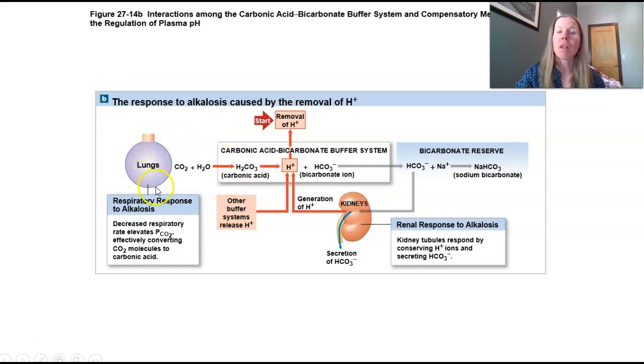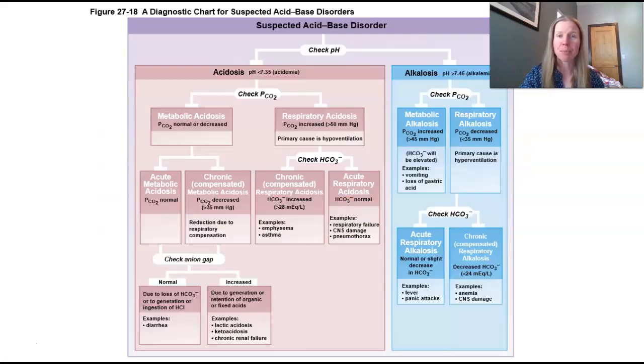We can see that with the lungs, you might decrease the respiratory rate to push our equation here into making more hydrogen. That would fix our problem. And then here we see the kidney making hydrogen and sending it to the blood while secreting bicarbonate. So these three things, buffers, the lung, and the kidney, are going to work together.